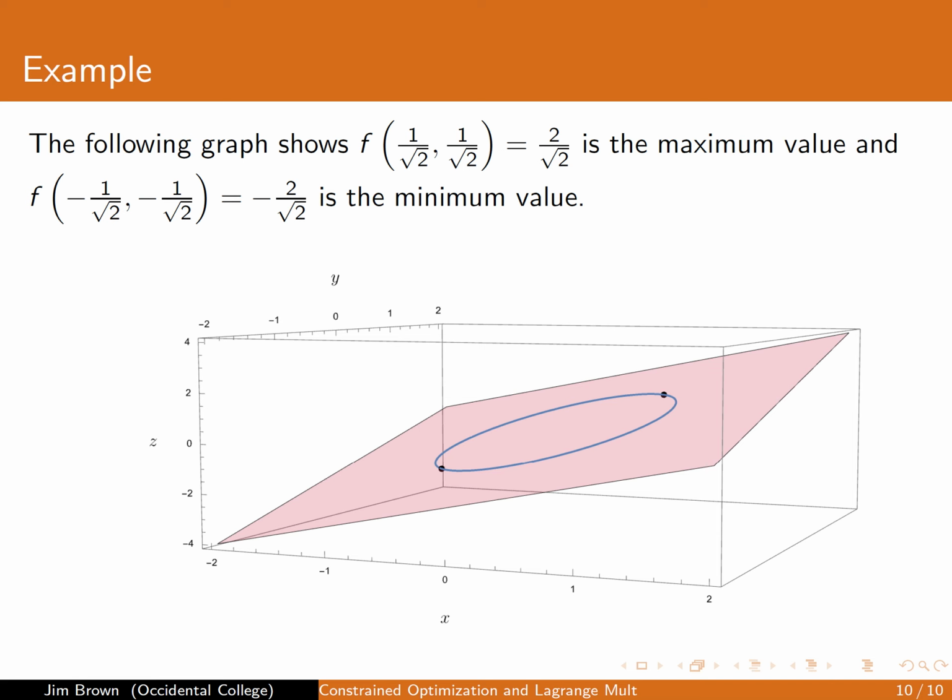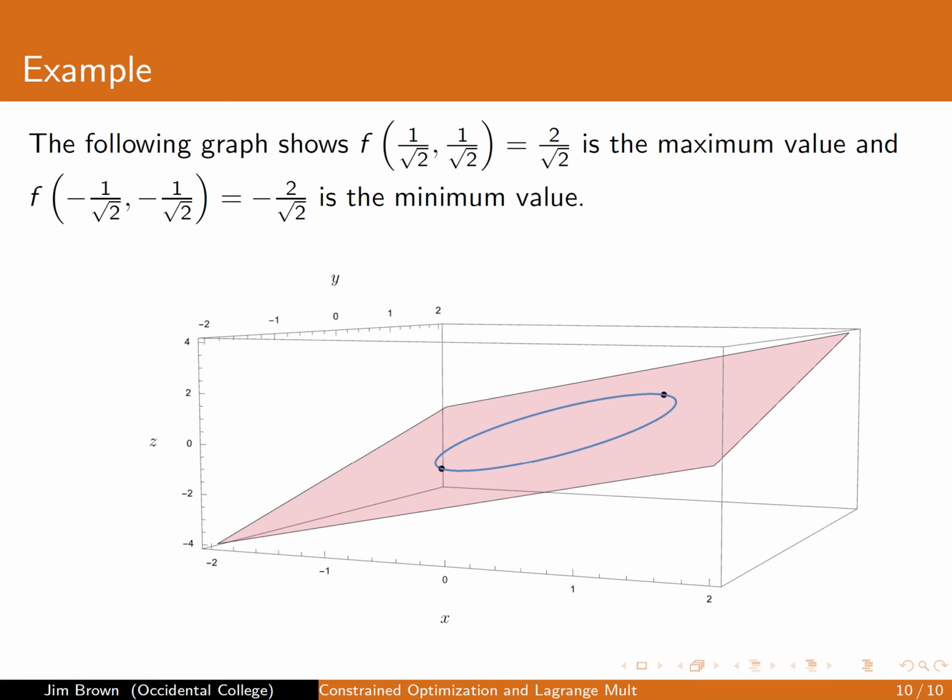And then we can graph this if we like, and this will tell us which is which. So if I graph, the pink here is the plane x plus y, and the blue is the values on that plane where x squared plus y squared is equal to 1. And then I've put the two black dots here. This is where we have x equal to 1 over square root of 2, and y is 1 over square root of 2.